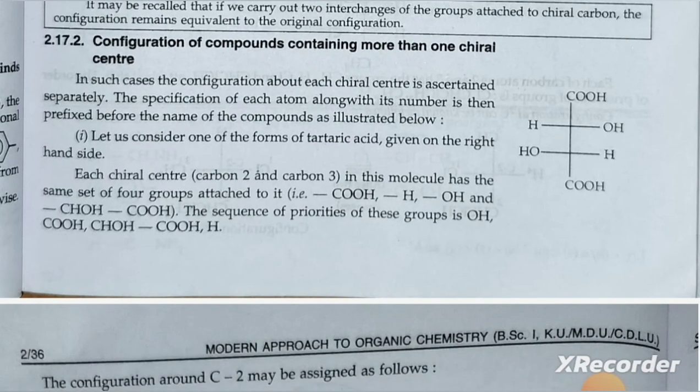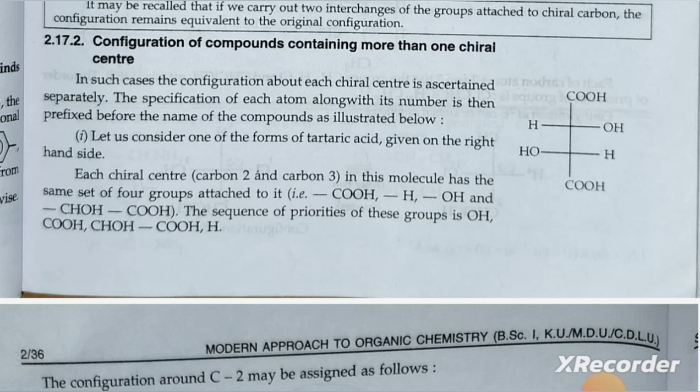Configuration of compounds containing more than one chiral center. In such cases, the configuration about each chiral center is ascertained separately. The specification of each atom along with its number is then prefixed before the name of the compound, as illustrated below. First, let us consider one of the forms of tartaric acid given on the right hand side.